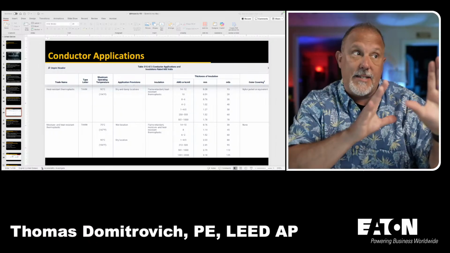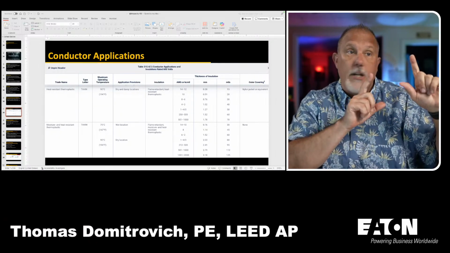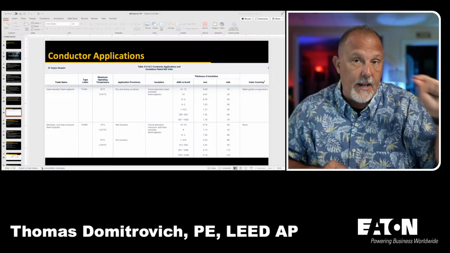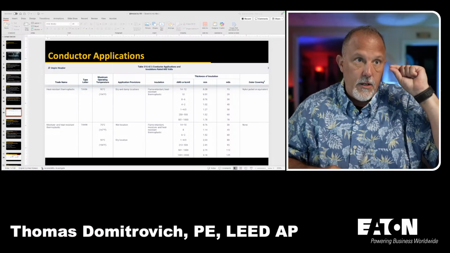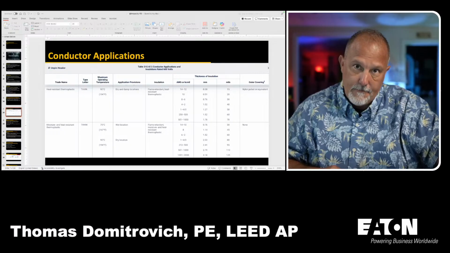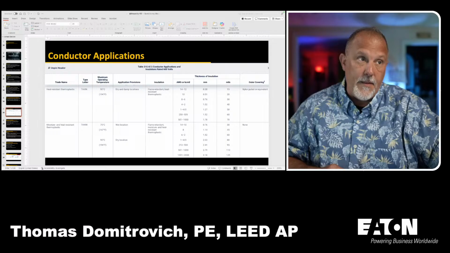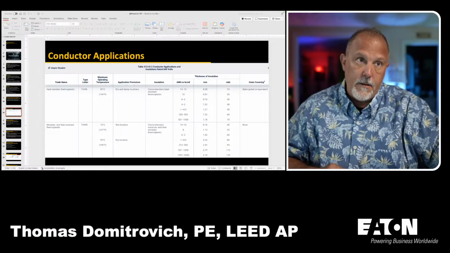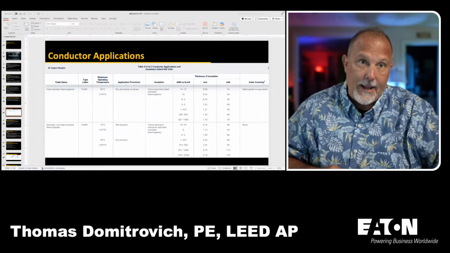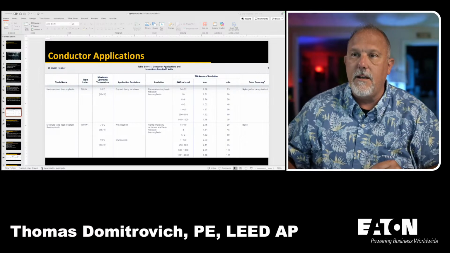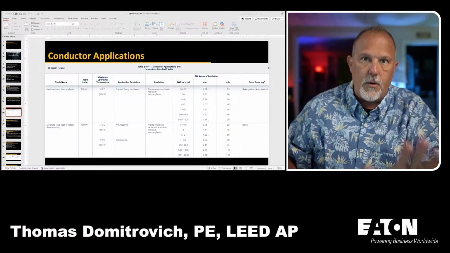And I have this because that one sentence in 310.15(A), you have to stare at it to really understand it, and when you think you understand it, come back and stare at it again, because it's confusing. But I'm going to go over that.